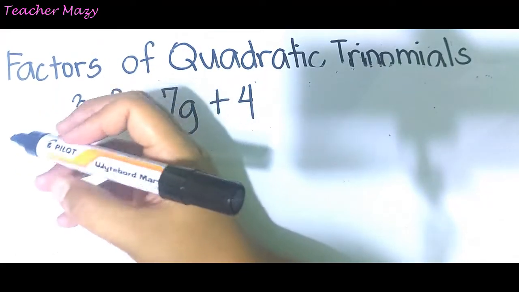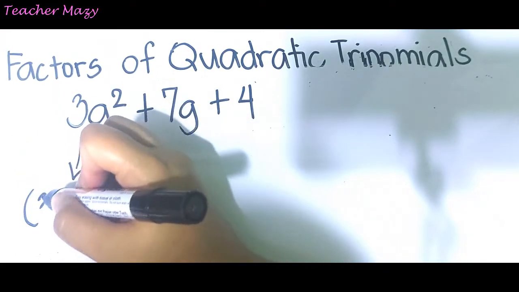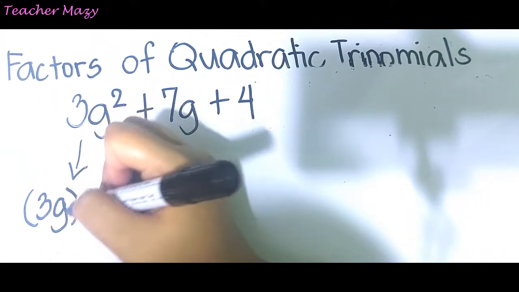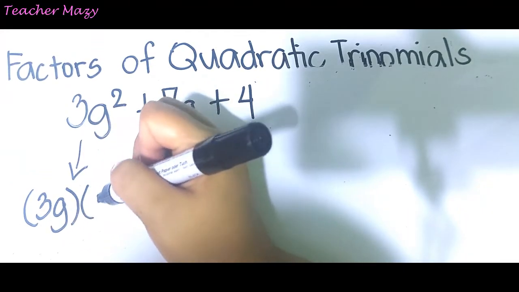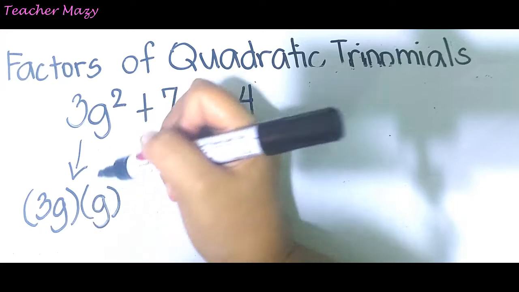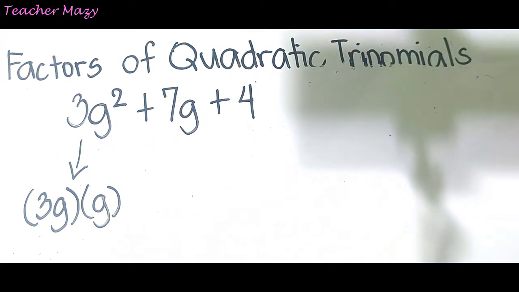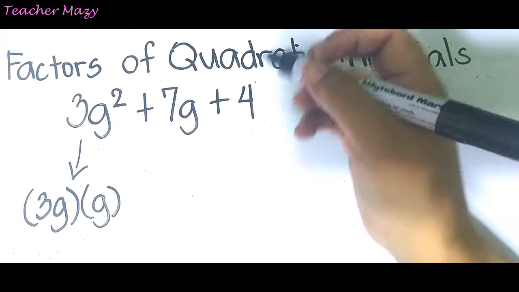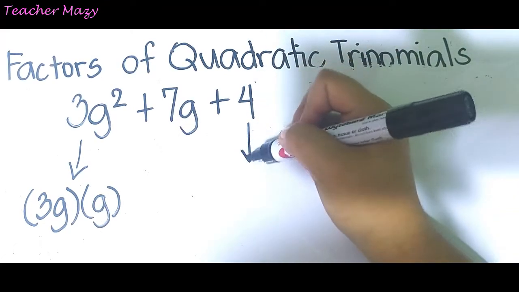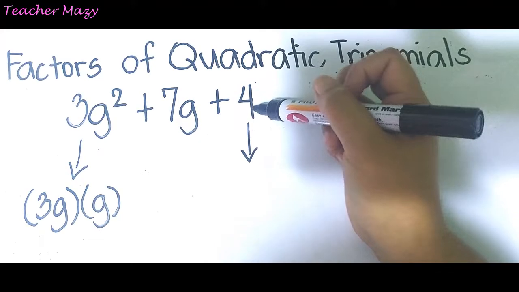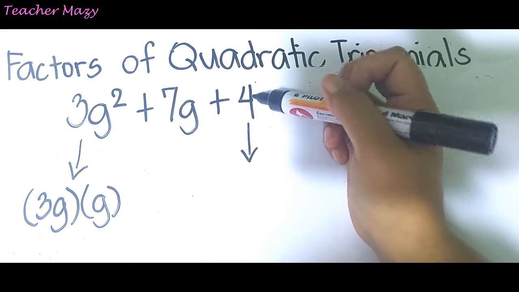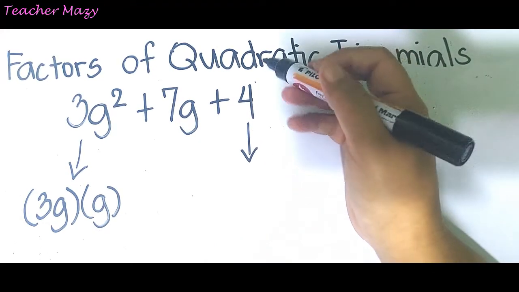Since 3 is a prime number, the only factor for this is 3g times g. Those are the factors for our first term, and then let's write the factors for our last term.